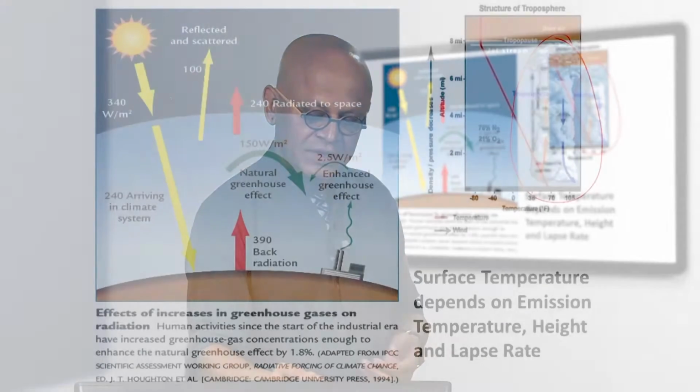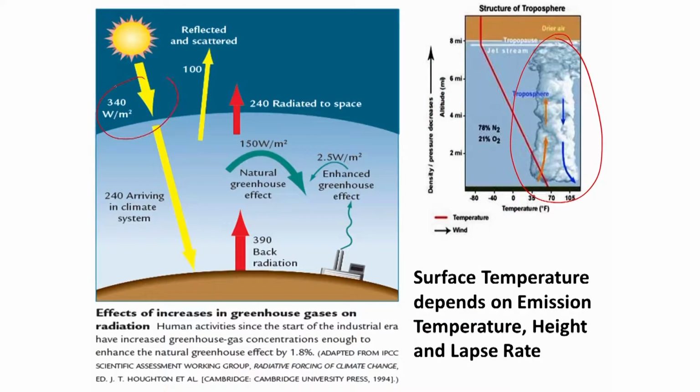So, to re-emphasize, 340 coming in, 342 give or take, 30% is reflected because of albedo. About 240 is arriving in the climate system. It is bouncing around and creating much higher levels of energy because it is the blanket of the greenhouse gases.